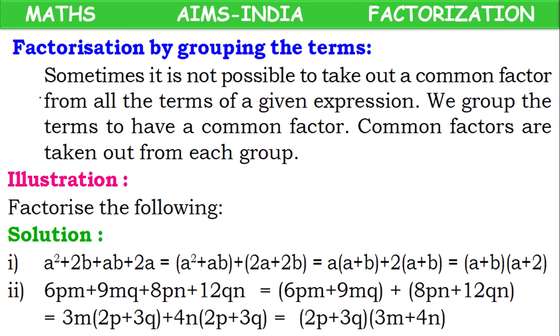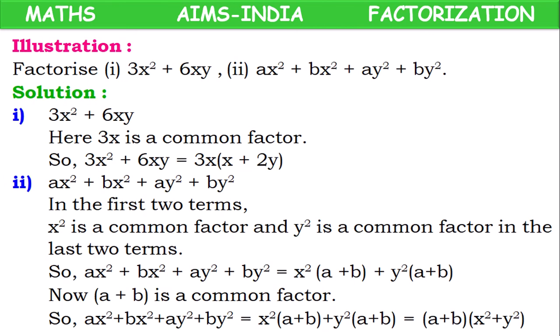Next, children, factorization by grouping the terms. Sometimes just by taking out the common factor, it may not be possible to do factorization, or it may not be possible to take out a common factor for all the terms. Like this question, we cannot take a common factor for all the terms at a time.